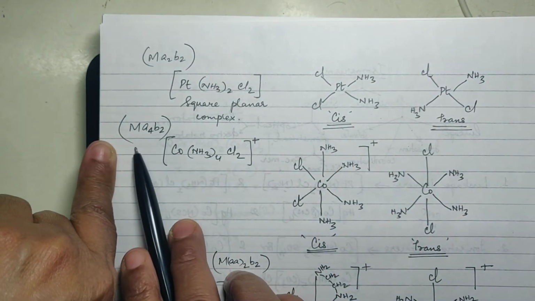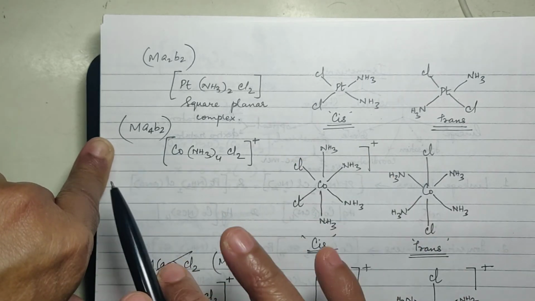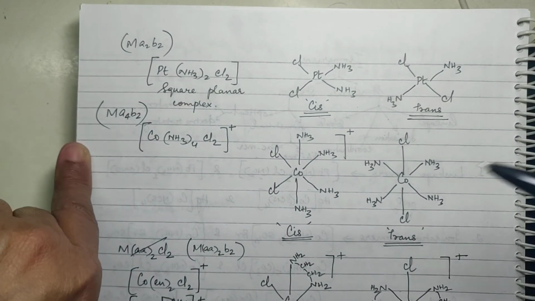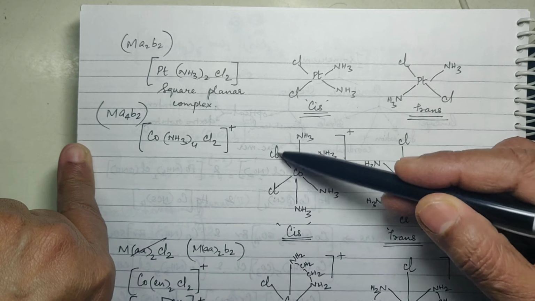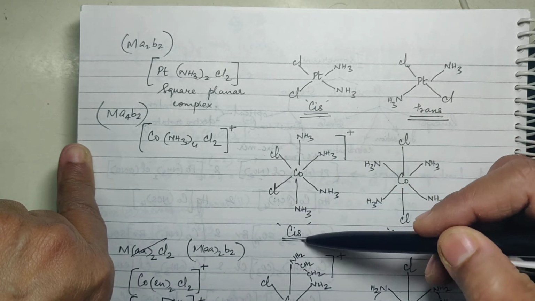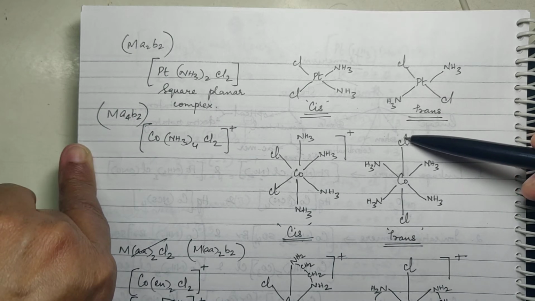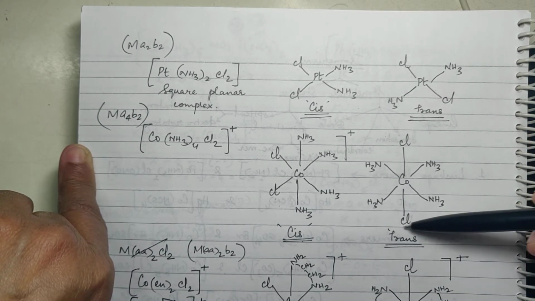Now if you take coordination number 6, A4B2 or A2B4, whatever it is, say of this kind. Now here, both the Cl atoms are present on the same plane, so this is cis. Whereas if you put one Cl above the plane and one Cl below the plane, then it is trans.